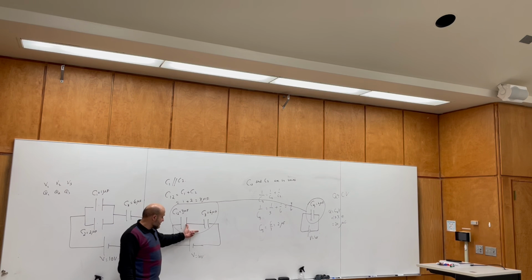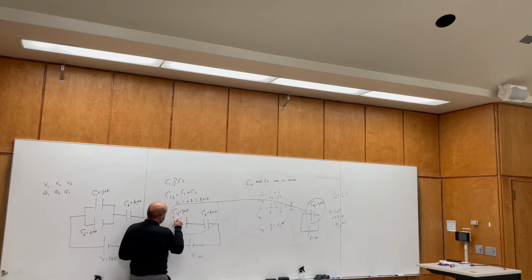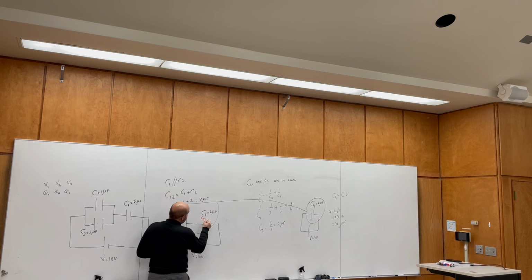So if they are in series, do they have the same Q or same V with respect to the equivalent? Same Q, which means Q12 is 20 microcoulomb and Q3 is 20 microcoulomb.